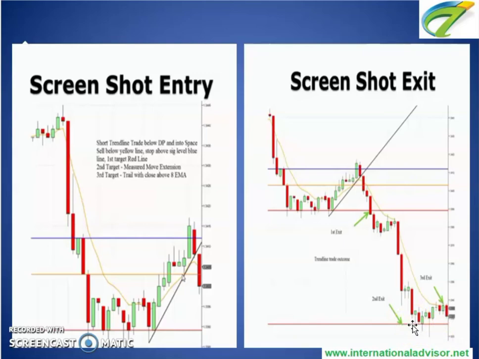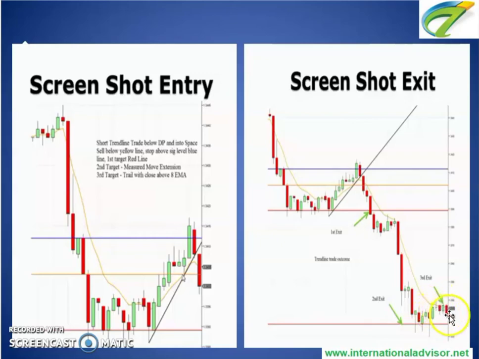So if you have not so far studied the exponential moving average, please go back and watch my related lecture on moving averages. So here we see in this candle the close was above this yellow line, which is 8 EMA, so we exit the trade here.